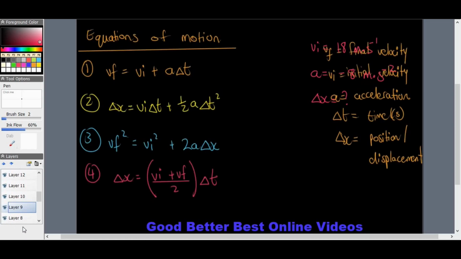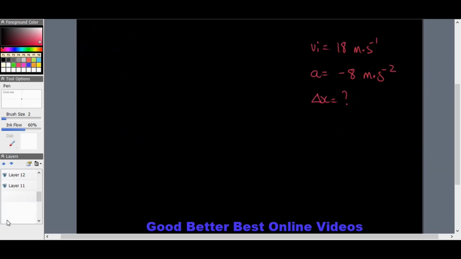So we check which delta x formula had acceleration in it. What you could use, of course, is equation number 3, which is VF squared equals VI squared plus 2a delta x, because we're looking for delta x.